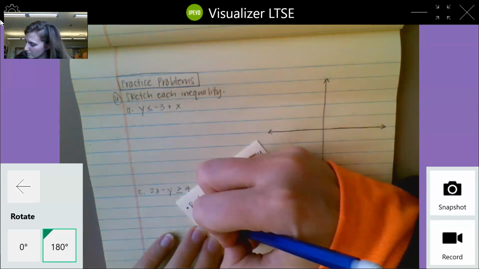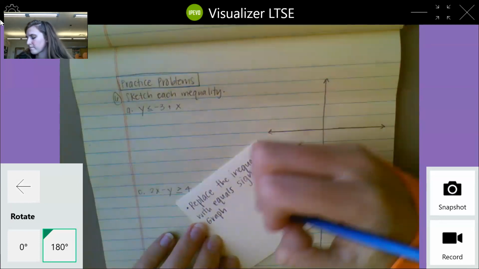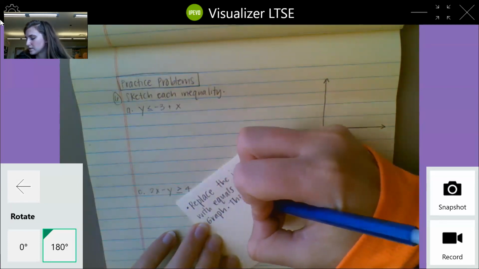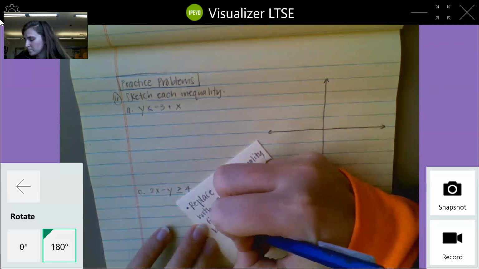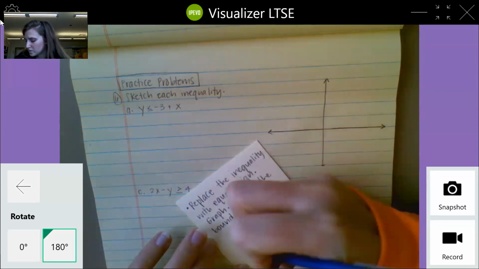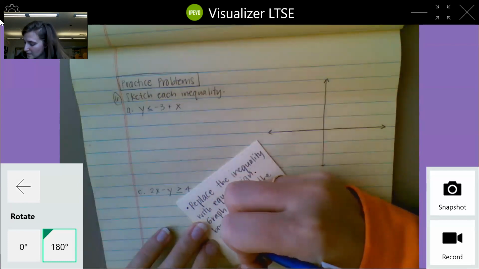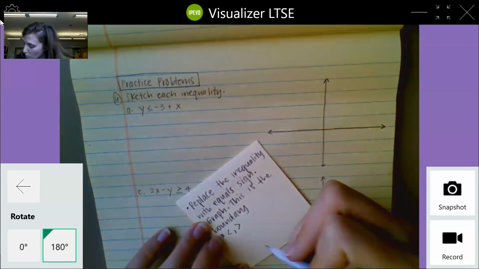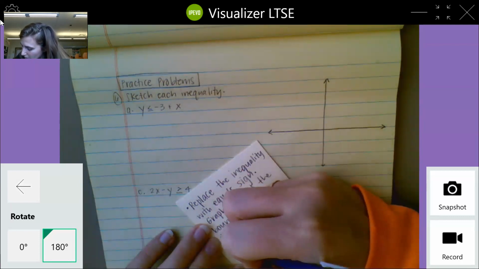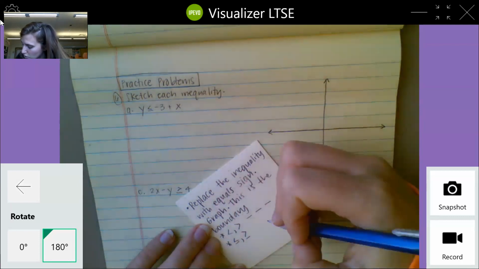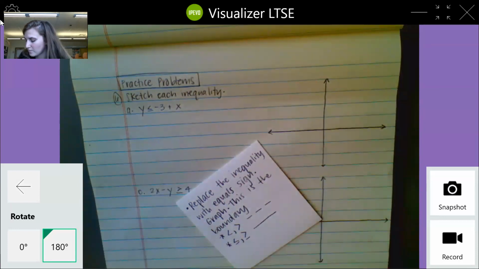Then graph. This is the boundary. Something to remember: for less than or greater than, we use a dashed line. For less than or equal to, greater than or equal to, we use a solid line.